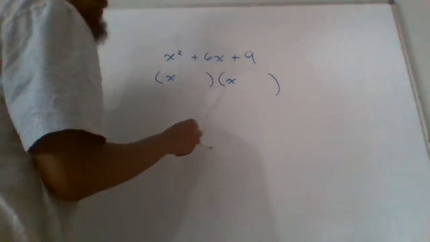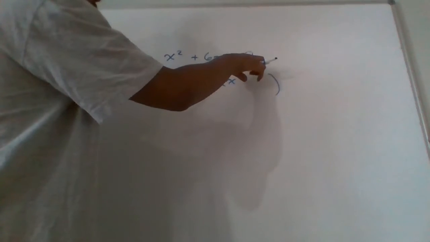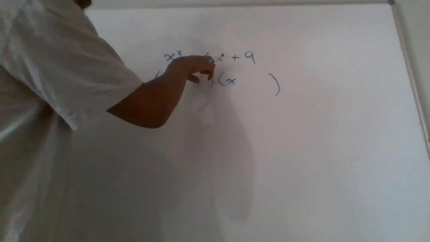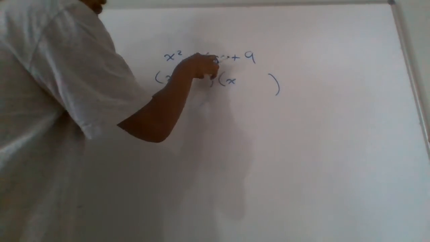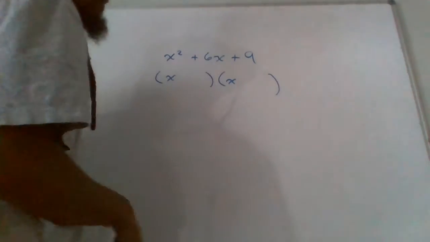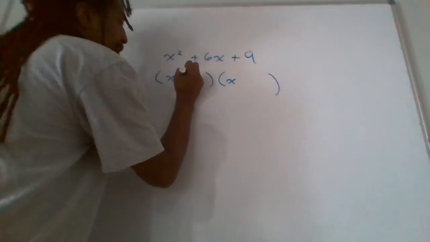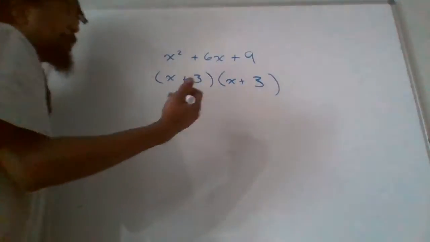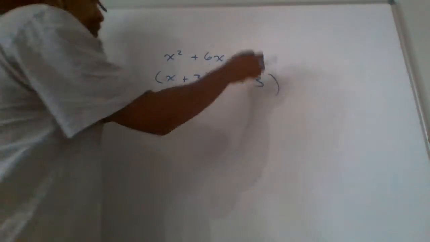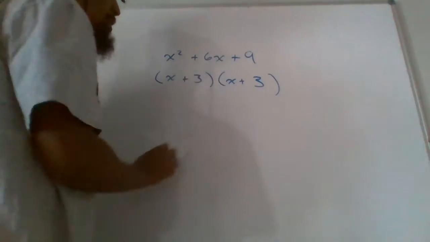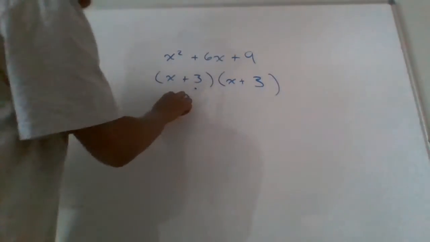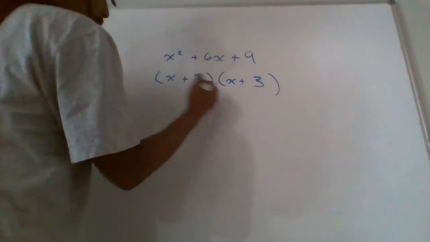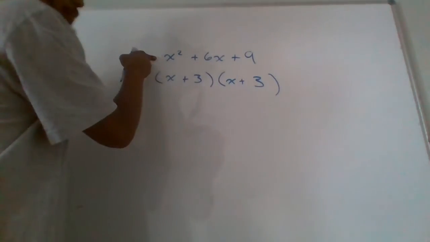Now we got to think of two numbers that multiply together to get 9 and add together to get 6. This time they happen to be the same number, and that number is, of course, 3. 3 times 3 is 9. 3 plus 3 is 6. So when we multiply this out, we get this answer.